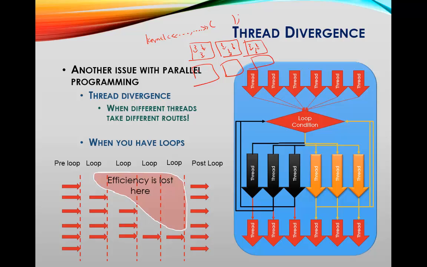So if we have a loop that sends these threads on different routes of operation, the next kernel will have to wait until this kernel's execution is completed.